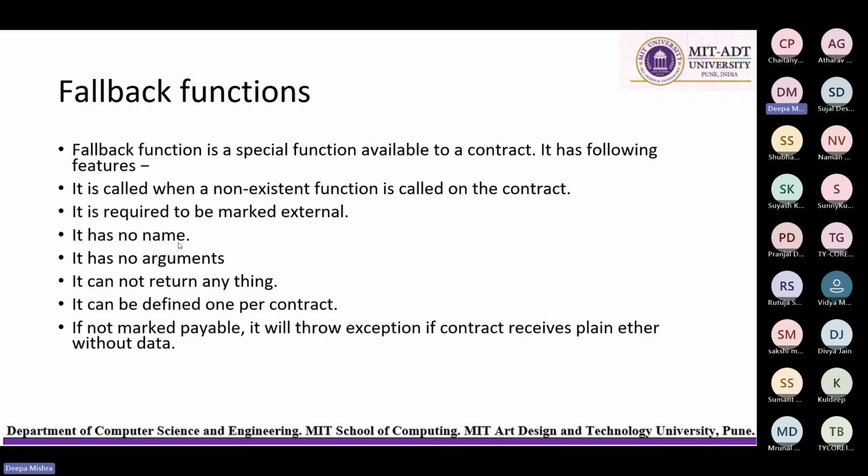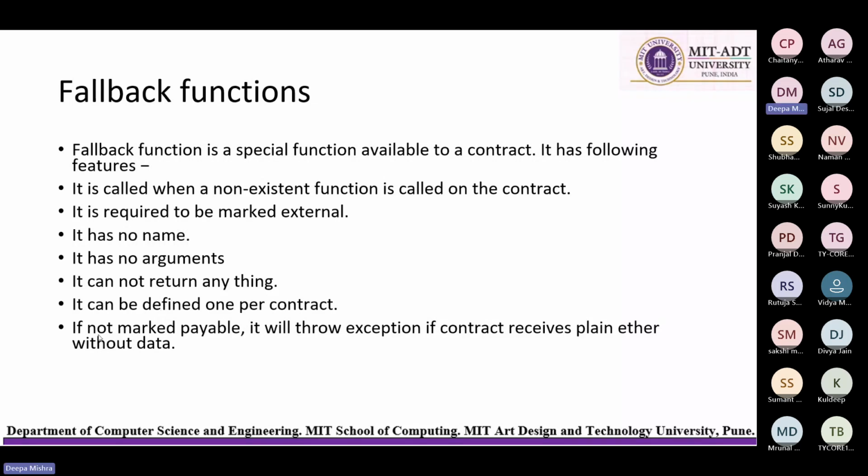This function does not have any name, it does not have any arguments, and it cannot return anything. And one contract can have only one fallback function. So these are certain constraints on how fallback functions could be written.